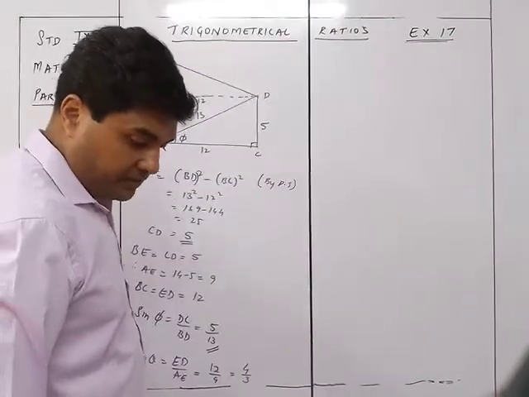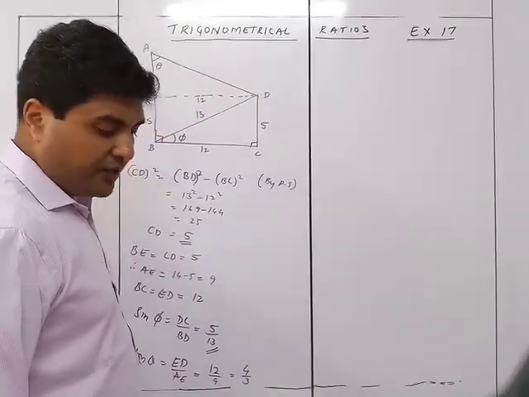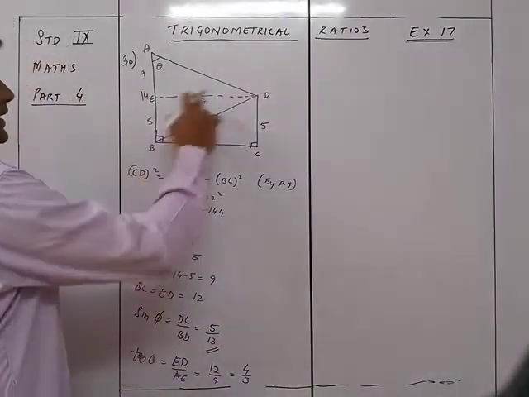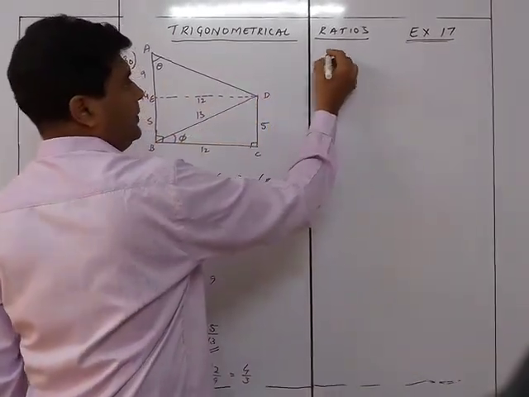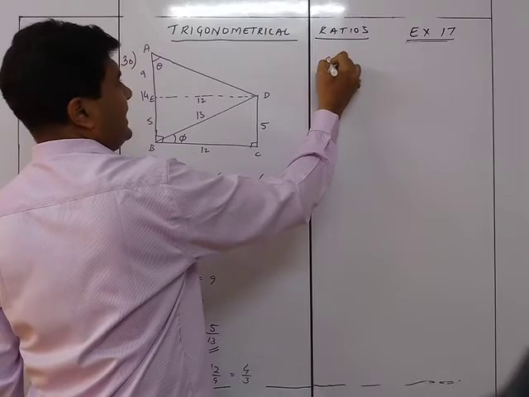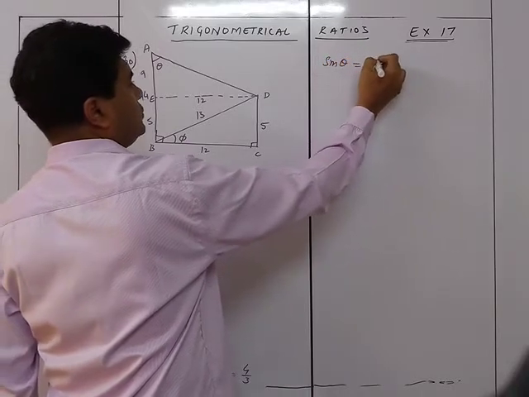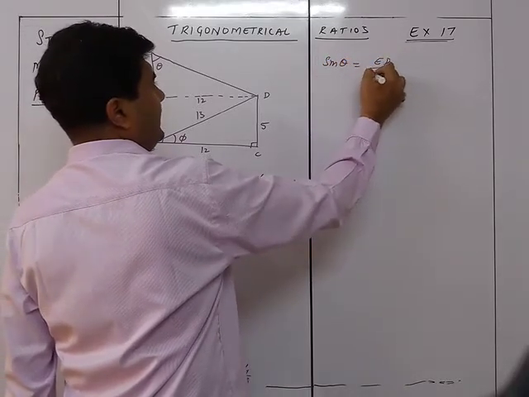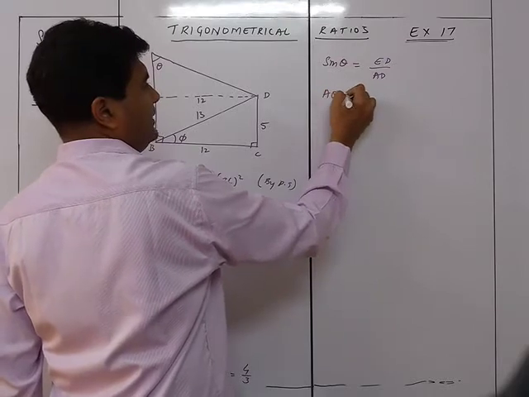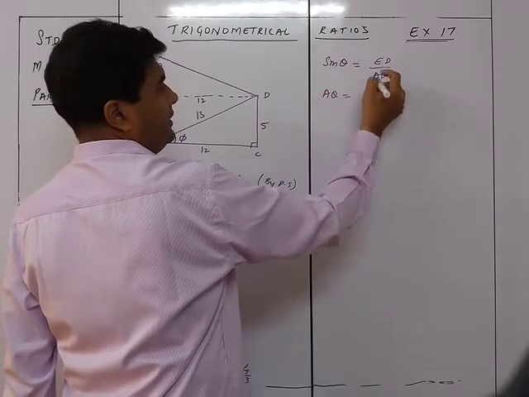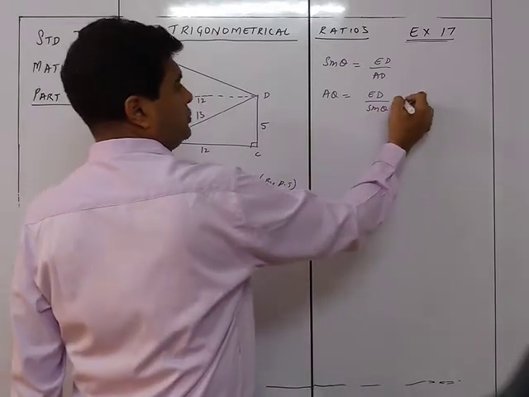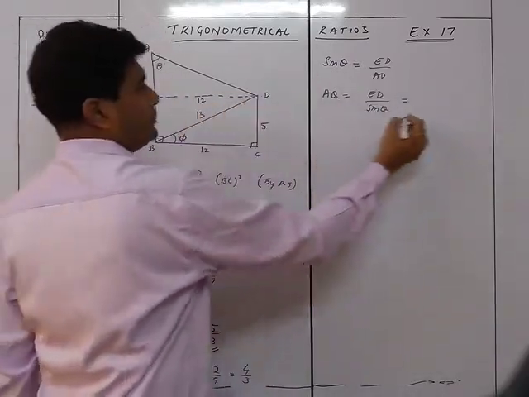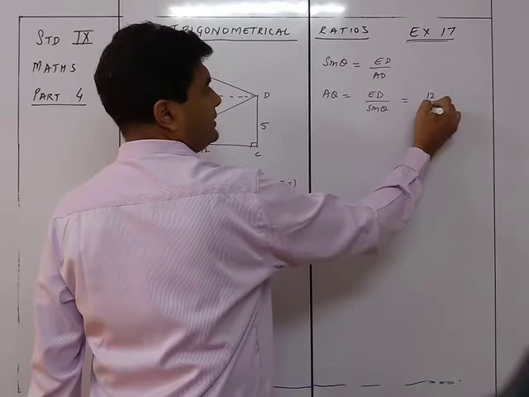The next is, write the expression for AD in terms of theta. Okay, fine. So we know over here that sin theta is equal to ED upon AD. Therefore AD is equal to ED upon sin theta, which is 12 upon sin theta.